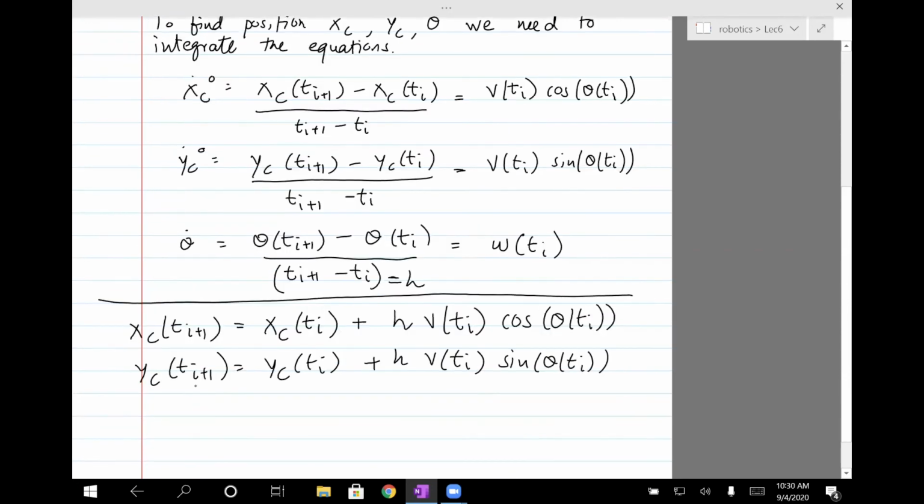And then finally the heading, theta at t i plus 1 equals theta at t i plus h times omega at t i.